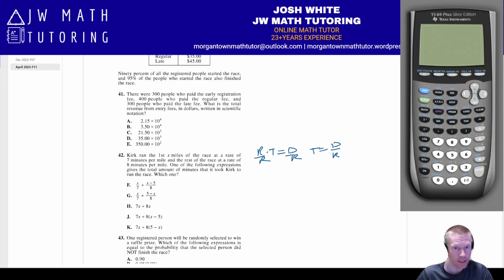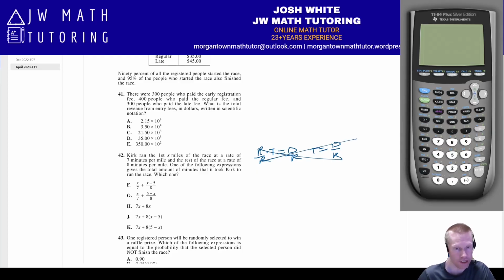These rates are actually reversed. These rates have the time on top and the distance on the bottom. So in other words, minutes per mile, as compared to normally miles per minute or miles per hour. So that's just a little confusing right off the bat.